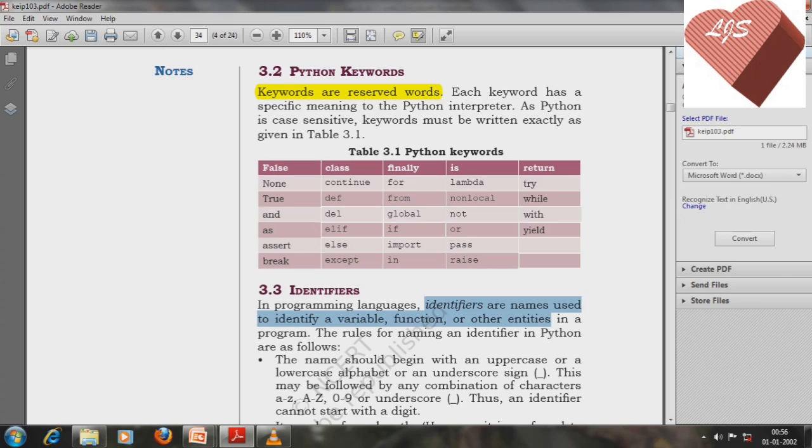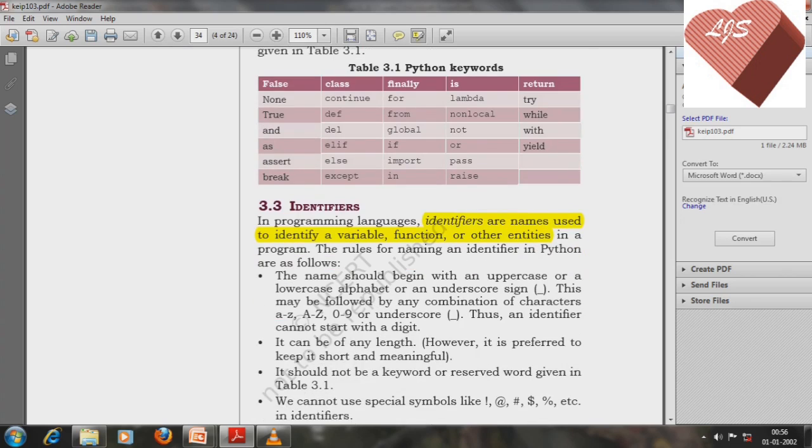And the words are reserved for special purpose and must not be used as any other names. So here, when I said any other names, it means the identifiers. So identifiers are the names used to identify a variable or function or other entities.